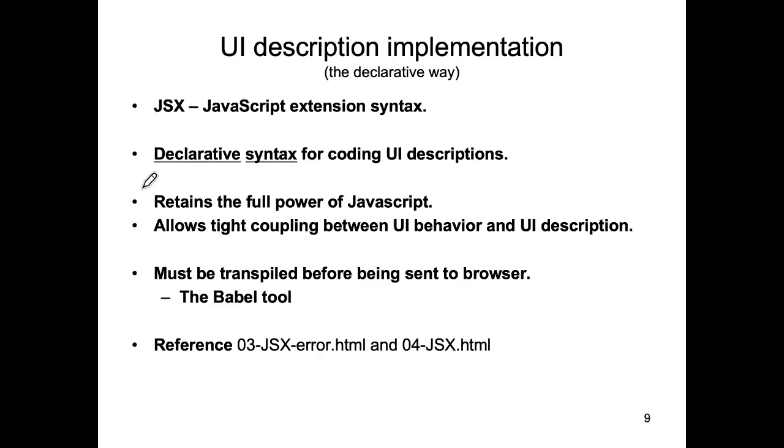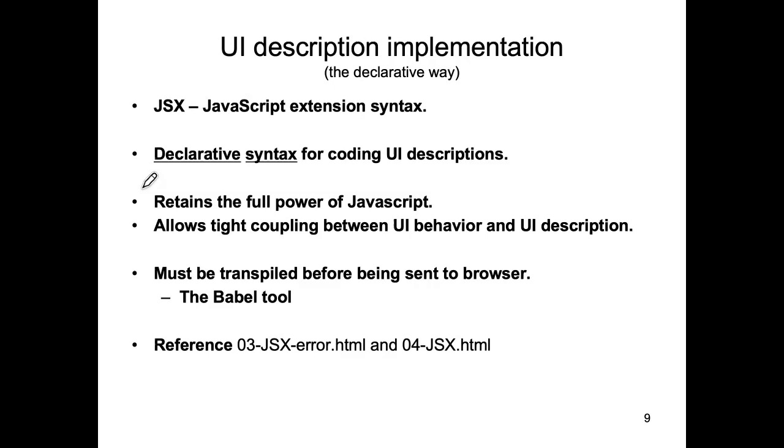Now, fortunately, React has a declarative approach as well. And it's this declarative approach that really caught on, and it's what made React such a popular framework. What's central to the declarative approach is this special syntax called JSX, which is an extension of the JavaScript language. So you can mix JSX code in with your ordinary JavaScript code.